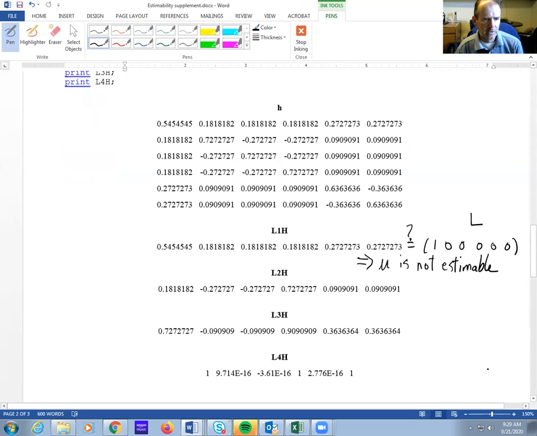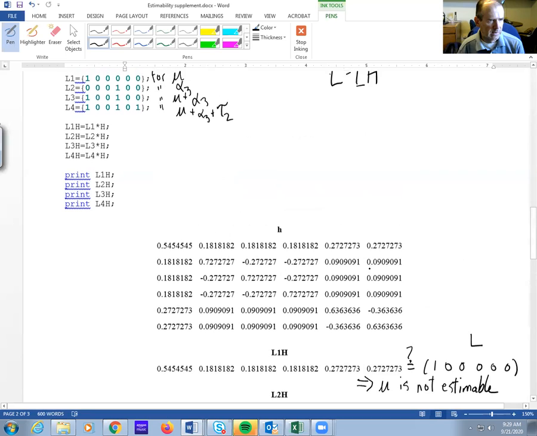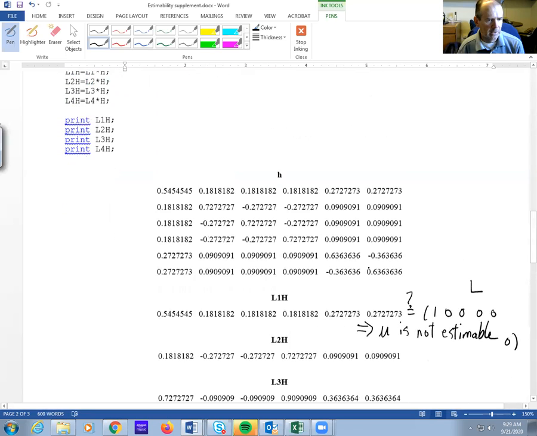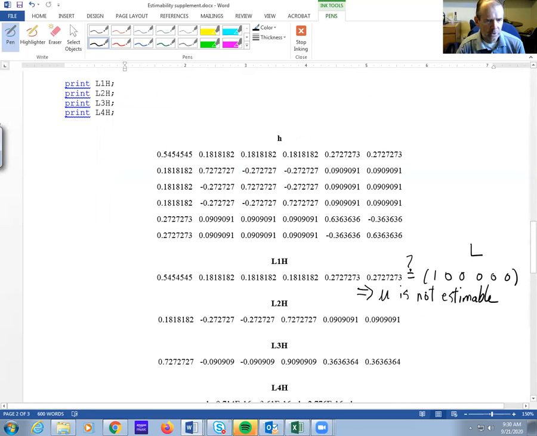Similarly, what about the second one, alpha 3? Can we uniquely estimate alpha 3? The question is, is this equal to L times H? The first answer here was no, and the answer here is no, right? Those are not the same.